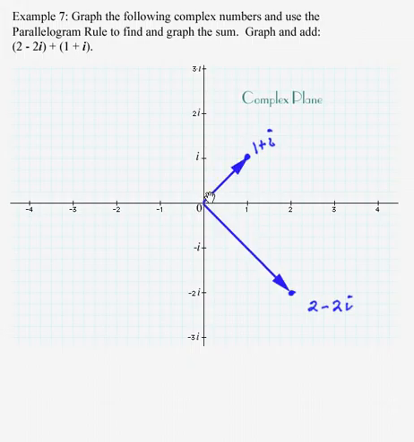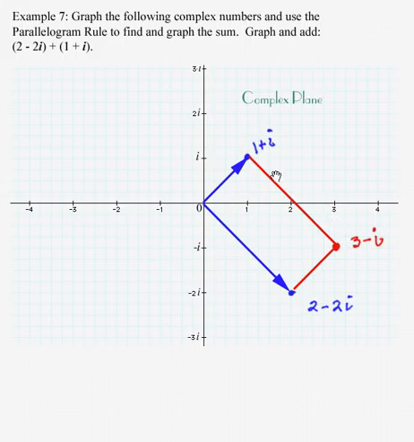Let's draw our lines from 0, the origin, to each complex number. Let's complete out the parallelogram. So we need a side parallel to this side, the same length, and another side parallel to this side of the same length. And that gives us our parallelogram. And in this fourth vertex, we have the sum of 1 plus i added to 2 minus 2i.